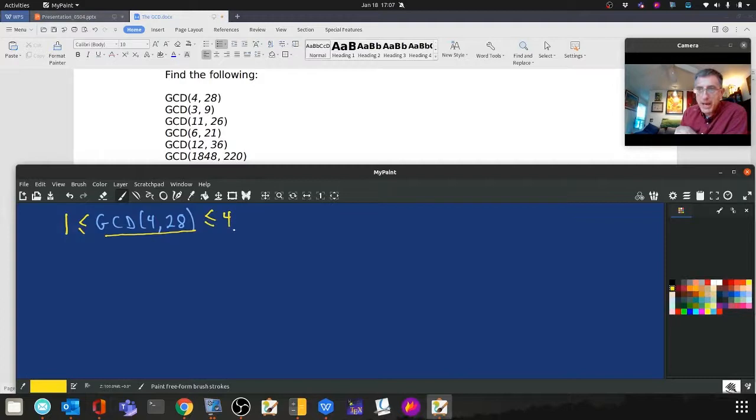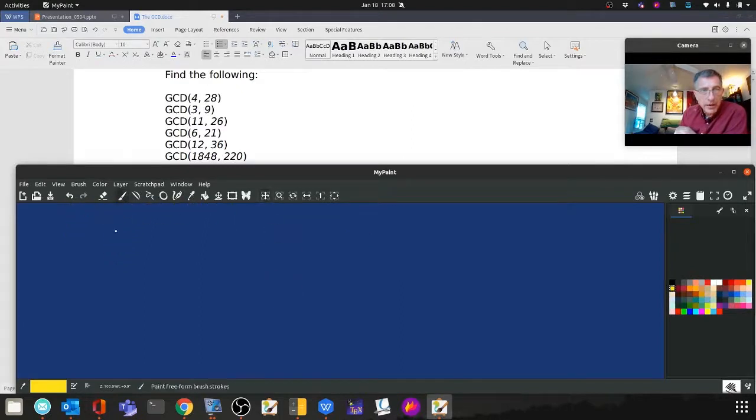But notice that 28, the larger of the two numbers, divided by 4 is equal to 7. So the smaller of the two numbers evenly divides the larger of the two. So that tells us that the GCD of 4 and 28 is, in this case, equal to 4. So we used rule number 2 for that one.